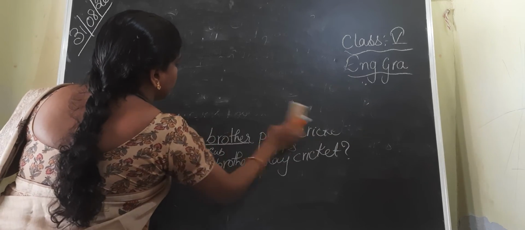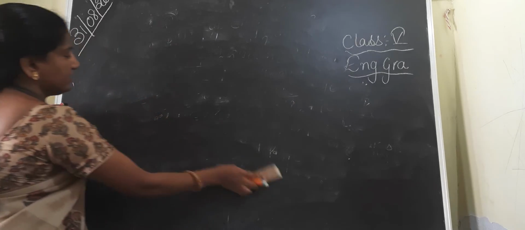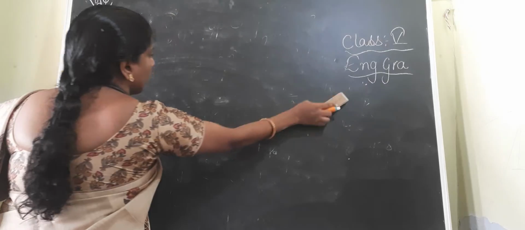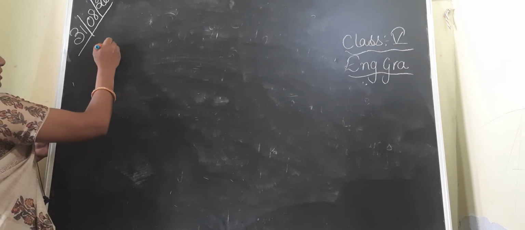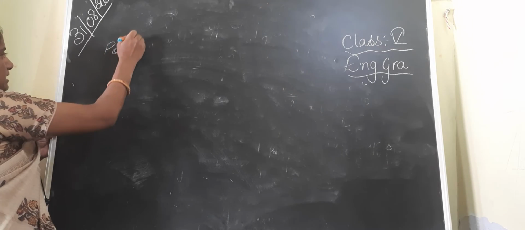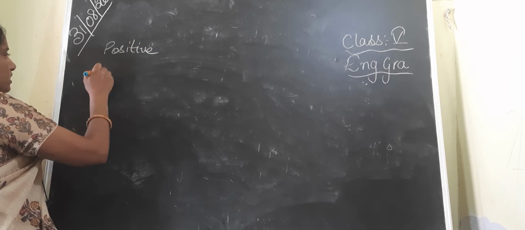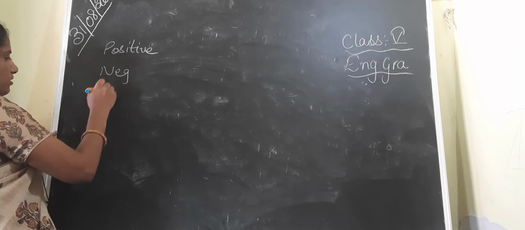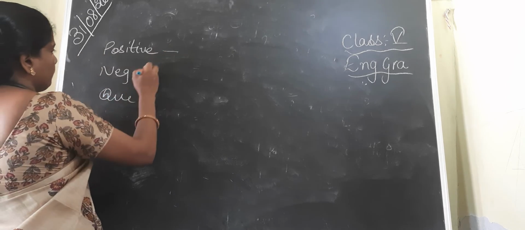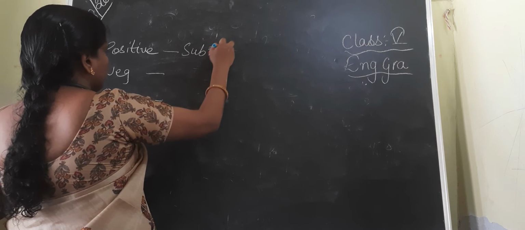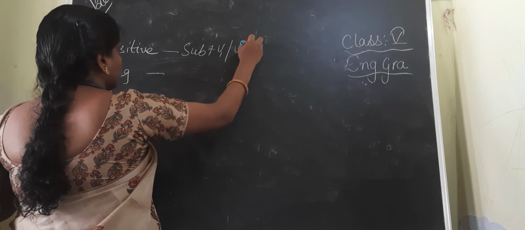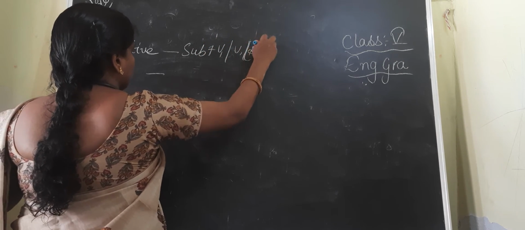What we have discussed today, simple present tense question form. Now simple present tense, what we have completed: positive statements, negative statements, question forms. Structure, if you see once, in the positive, subject with V1 or V1 with yes.